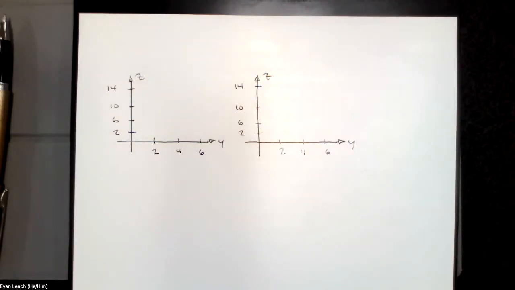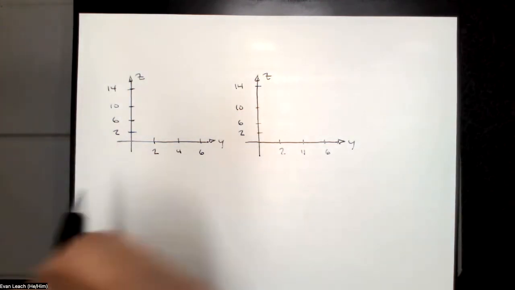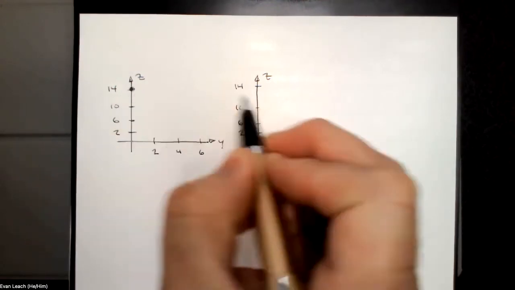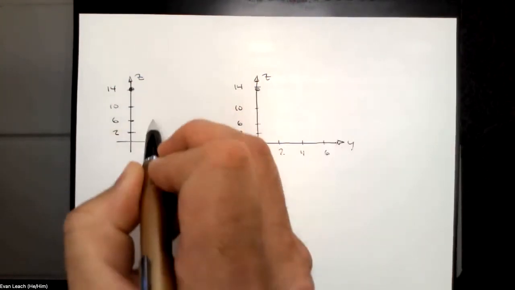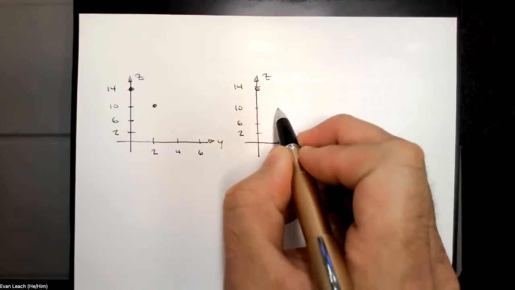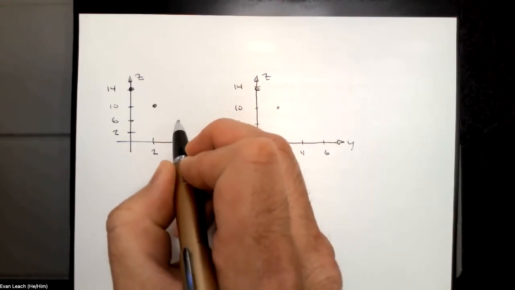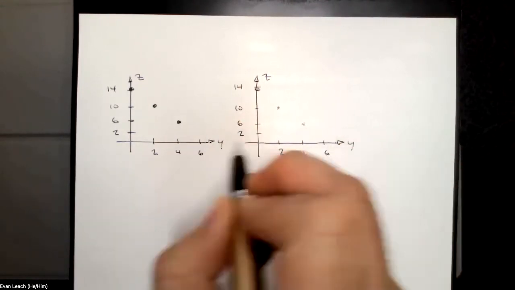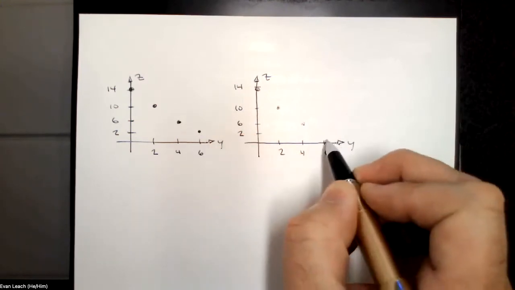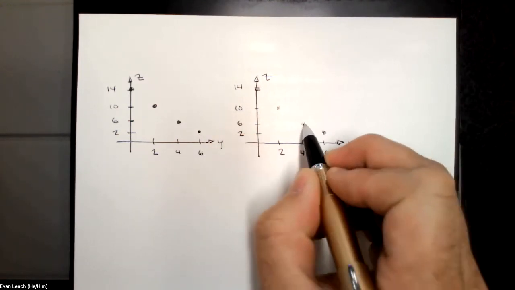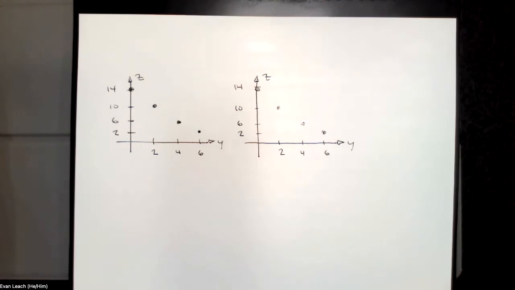So for our overestimate, whatever the function is actually doing, we just have these points: 0, 14; 2, 10; 4, 6; and 6, 2. For an overestimate on each of those 2-unit intervals, we're going to pick the larger value.